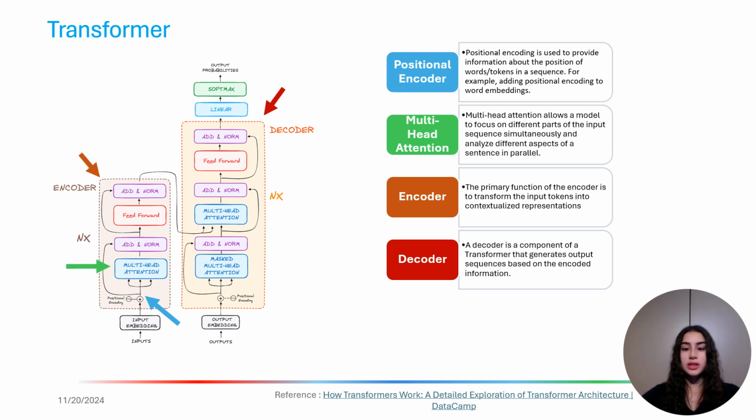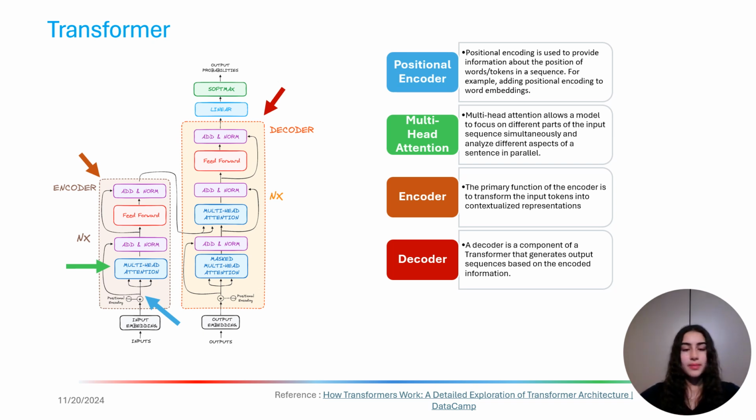Moving forward, there's also the encoder, which can be seen here through the orange arrow, and its primary function is to transform the input tokens into contextualized representations. This can be seen here through, if I tell you bank, what do you think? You think of money. But if I tell you riverbank, you think of water.